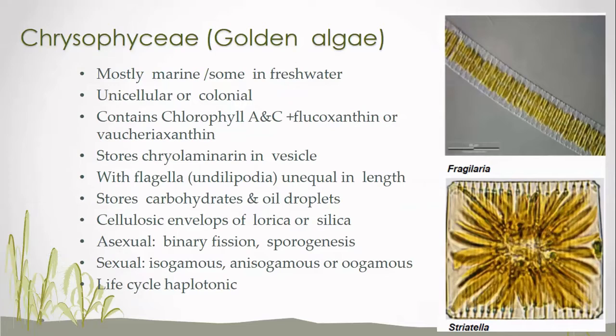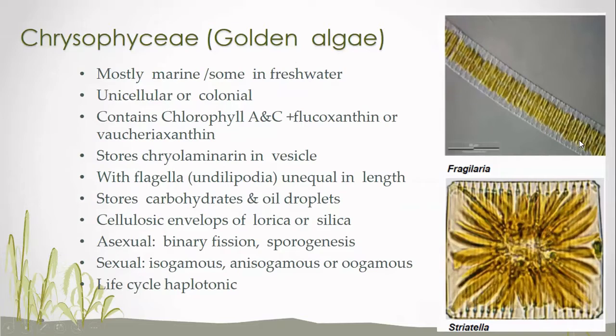Chrysophyceae, or we call them the golden algae, mostly marine, some in freshwater. So when we say mostly marine, most of the species are located in the marine ecosystem and only a few in freshwater. Could be either unicellular or colonial.